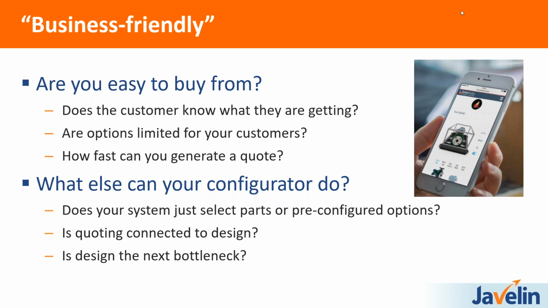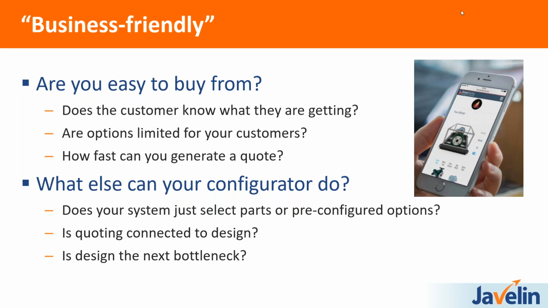Invariably, when I'm talking to folks about this technology, a lot of times I'll talk to a sales guy, and they'll tell me 9 times out of 10, speed of quote is absolutely vital. The other aspect of being business friendly is what else your configurator can do, what else is built into that system to automate tasks in your business.